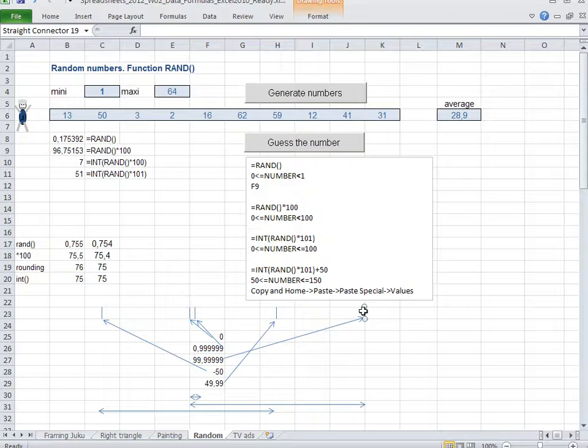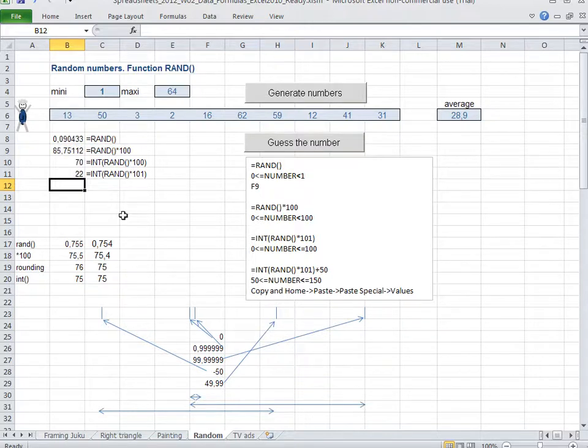So since in the final step int will cut away the decimal places, this number 100.9999 will become 100. So here it is. This way, by using 101 instead, we will get numbers that will actually include 100 as a result.